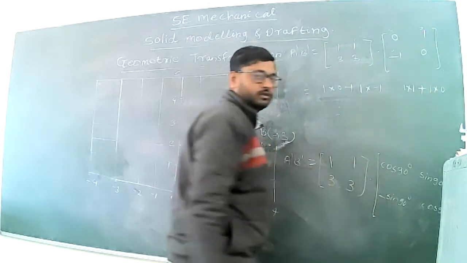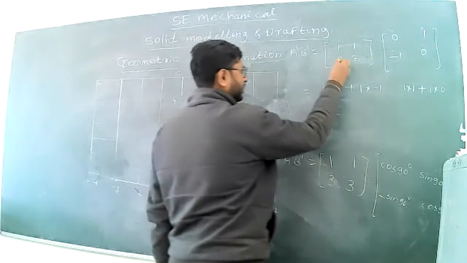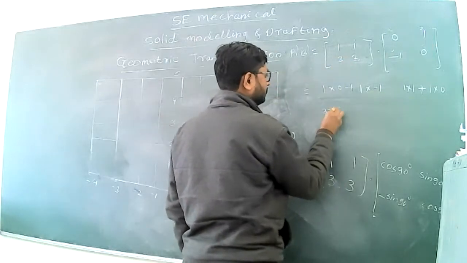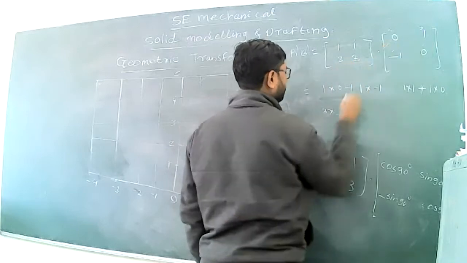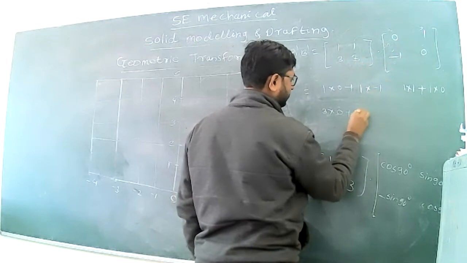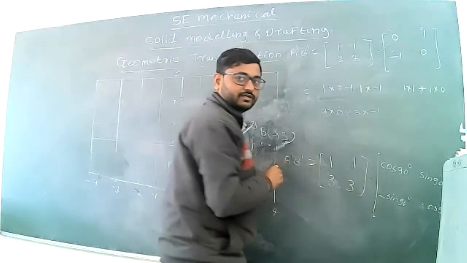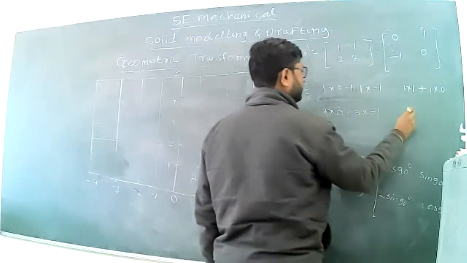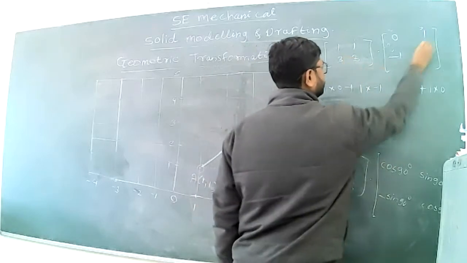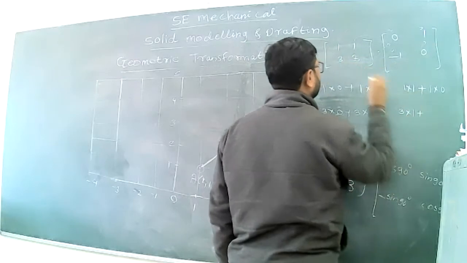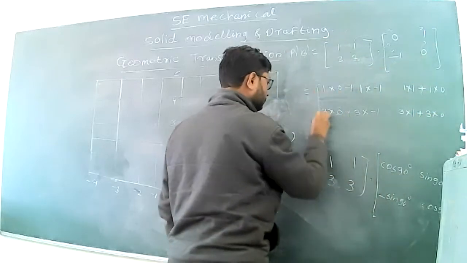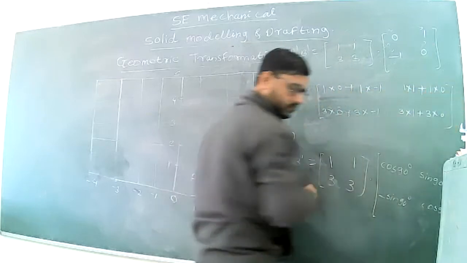For the second row, first column, 3 into 0 plus 3 into minus 1. Then the second element is 3 into 1 plus 3 into 0.